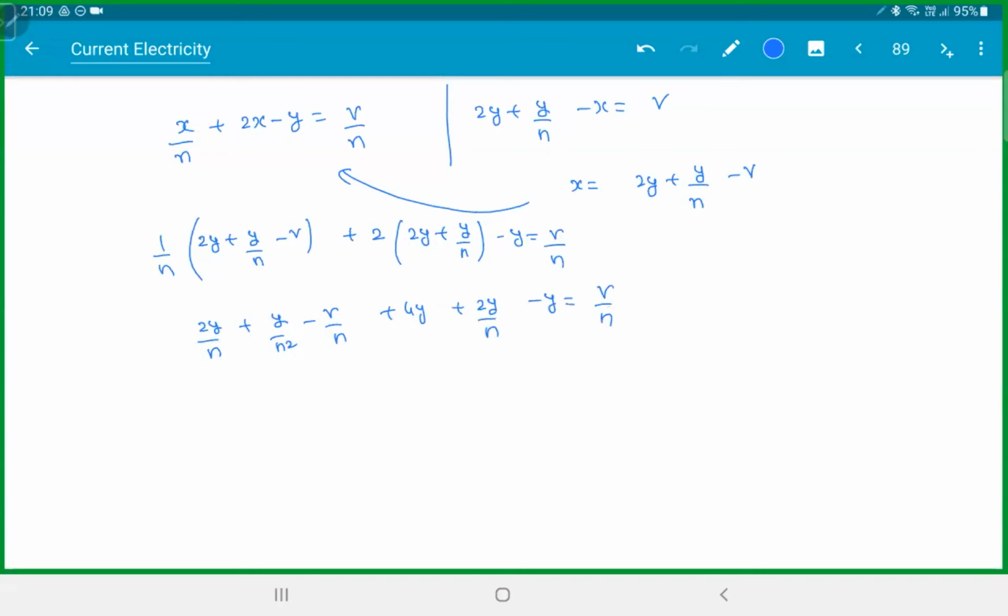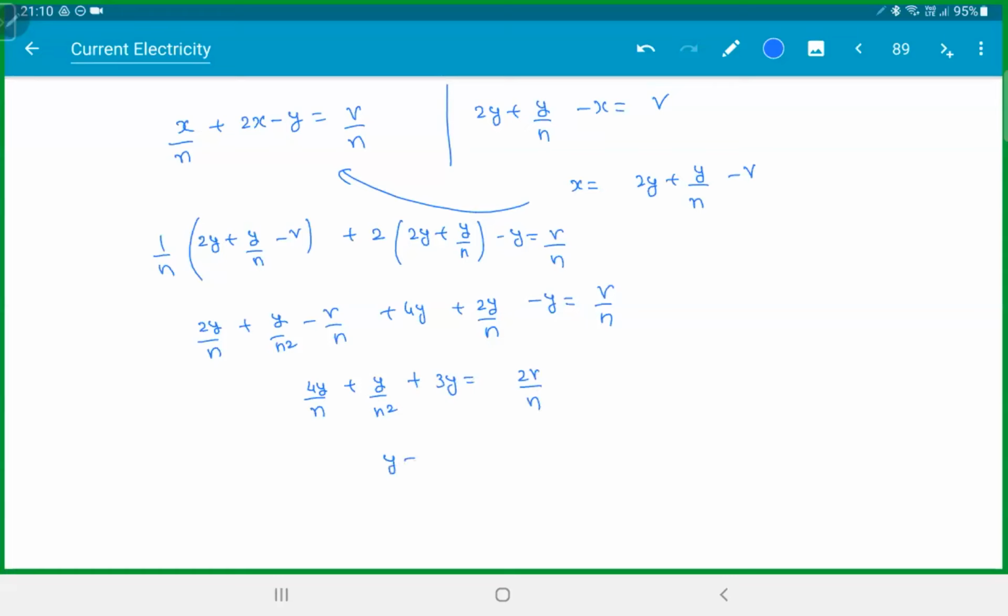Numbers are bad. Okay, I think you got the equation. If numbers are given, that will be easier actually. The general equation is also not coming out very nice. If you solve this, you get 4y by n plus y by n square plus 4y minus y. So that will be 3y, and that will be 2v by n.